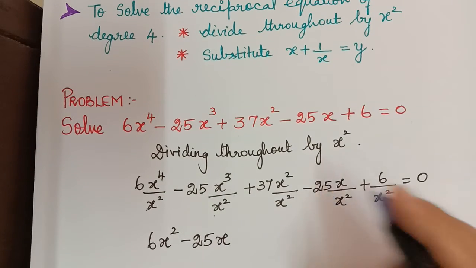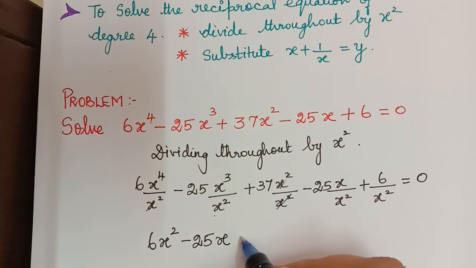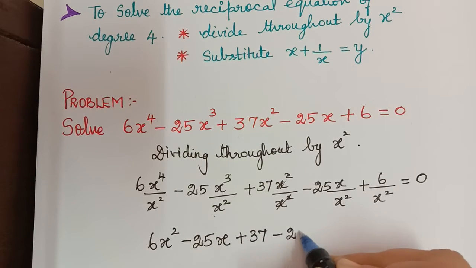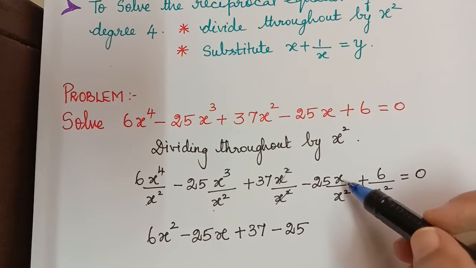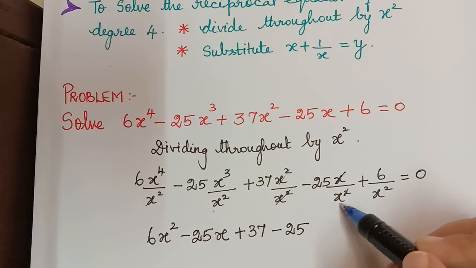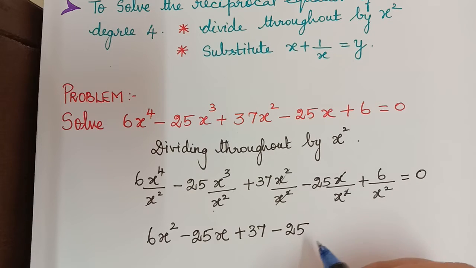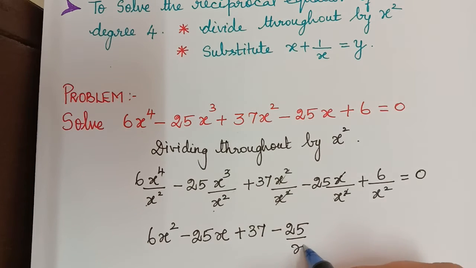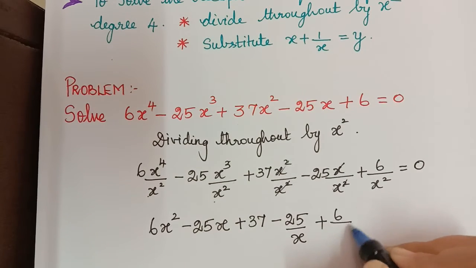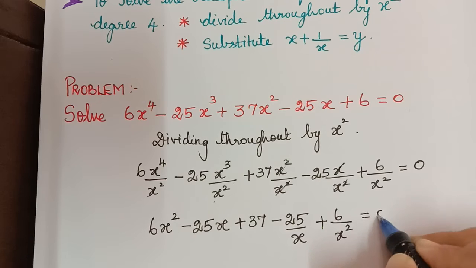And then here this x squared and x squared get cancelled and we will be left out with 37. Then negative 25. And now if you check here, this and this will get cancelled and one of the x term will be left out in the denominator. So this will be 25 divided by x and then plus 6 by x squared is equal to 0.